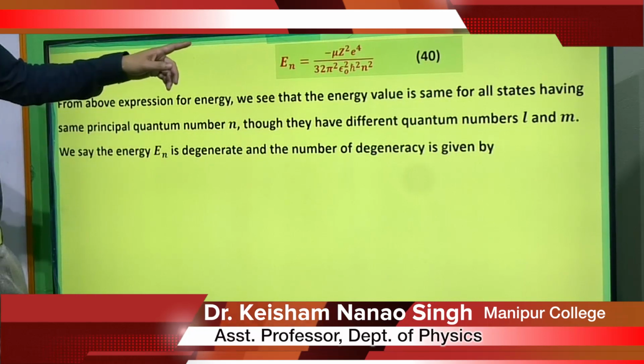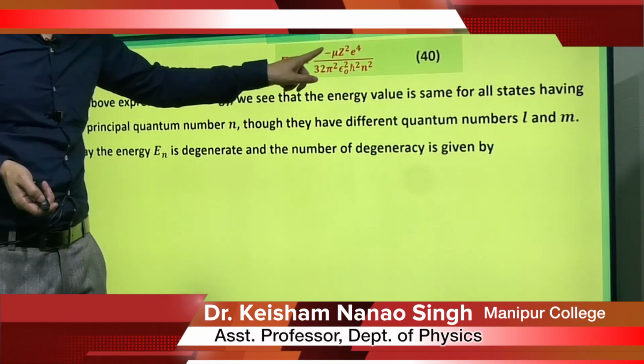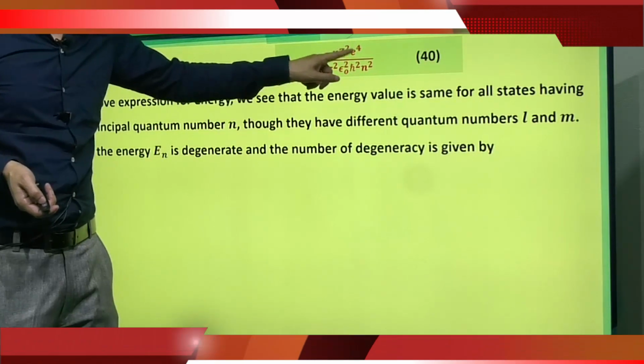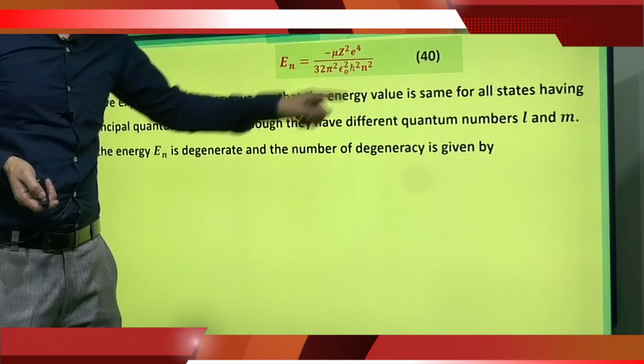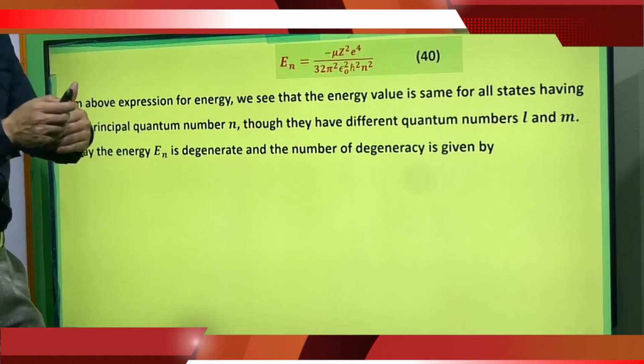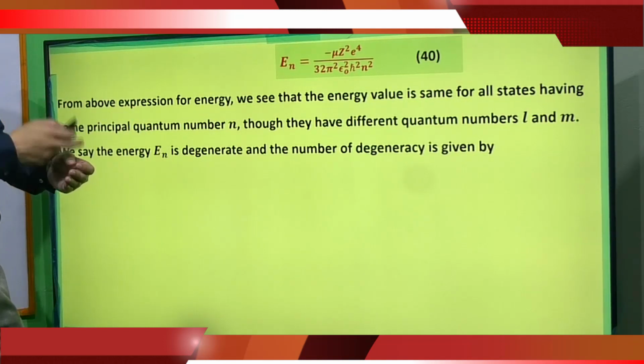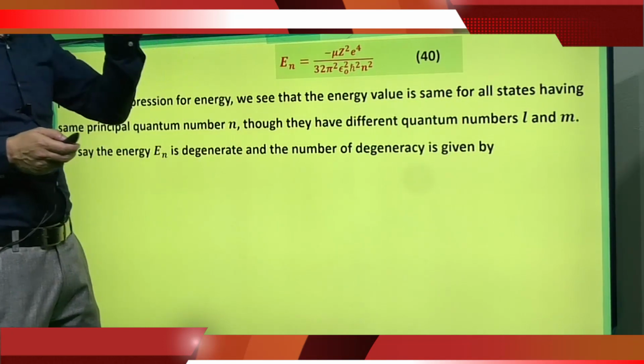You just see that the energy expression depends mainly, forgetting about these constants, on n square. That means those states which have the same n, though they may have different values of L and M, but have the same principal quantum number n, then their energy will be the same.